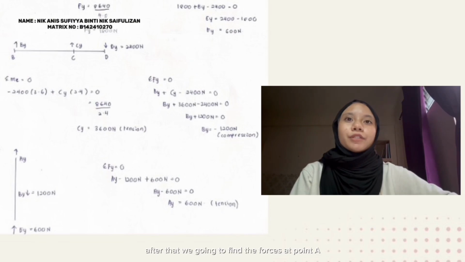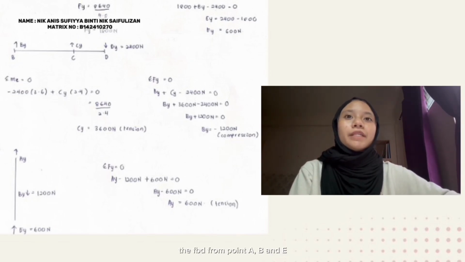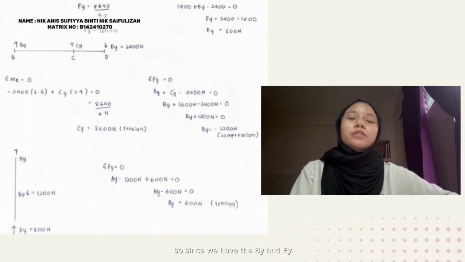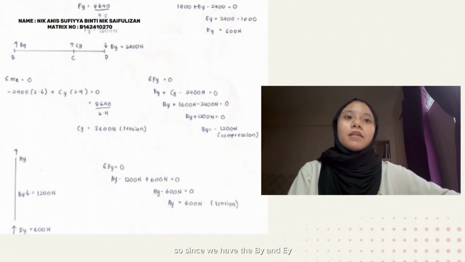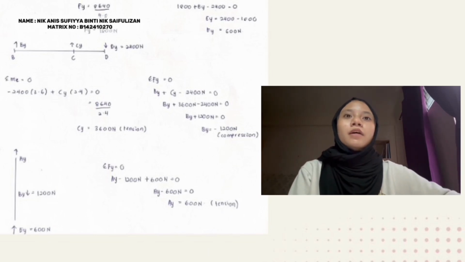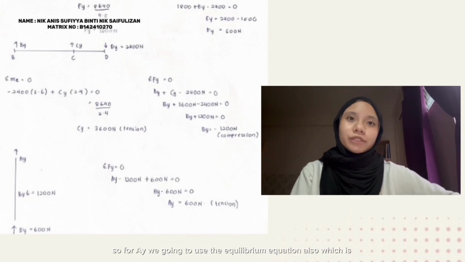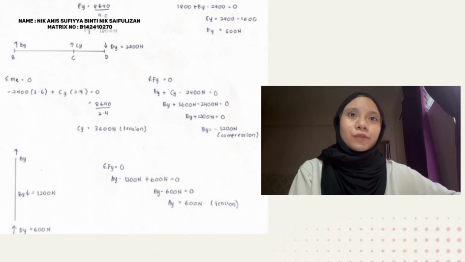After that, we're going to find the force at point A. For point A, we need to use the FBD from points A, B and E. Since we have the By and Ey answers from just now, we can get Ay. For Ay, we use the equilibrium equation also, the sum of Fy equal to 0.